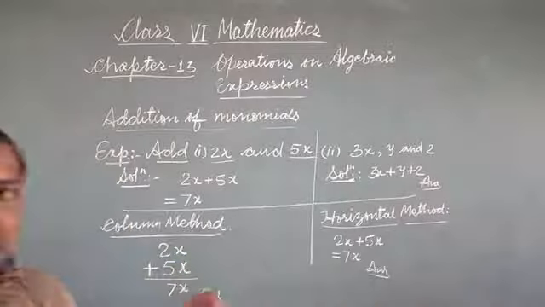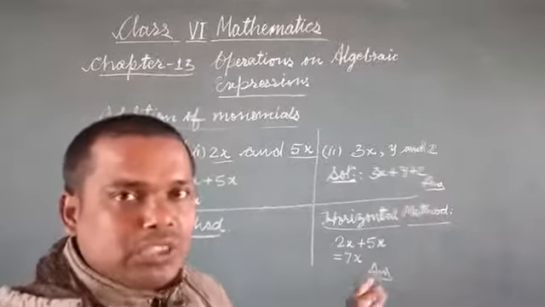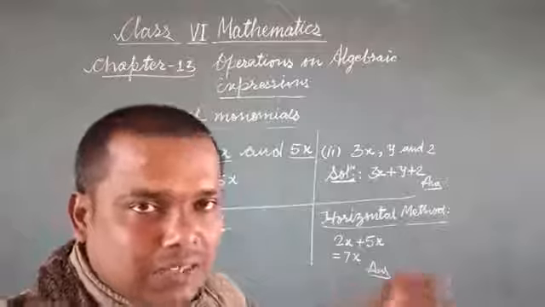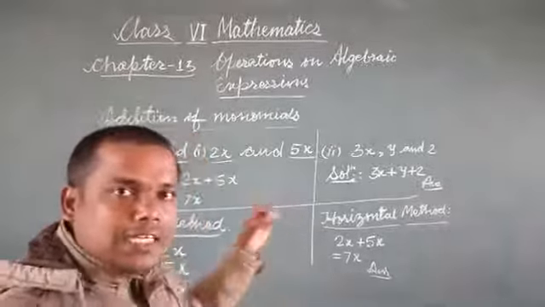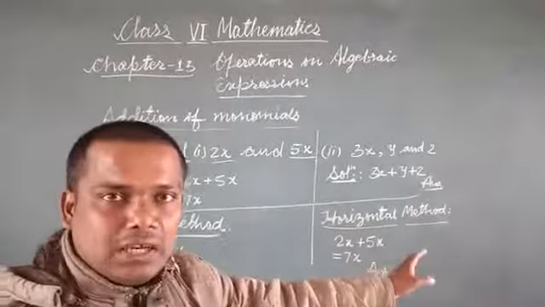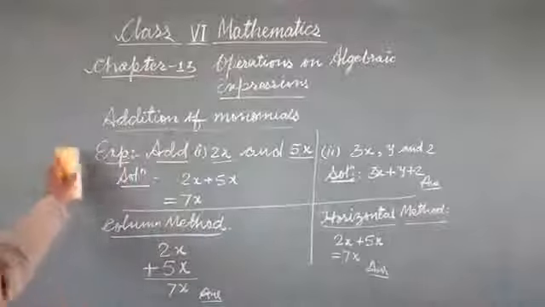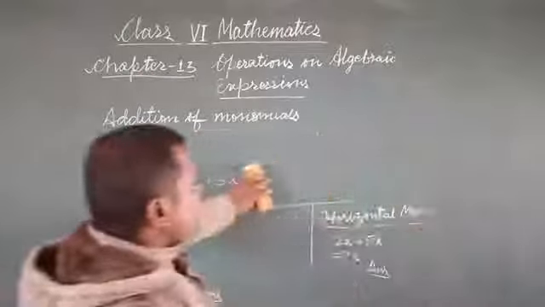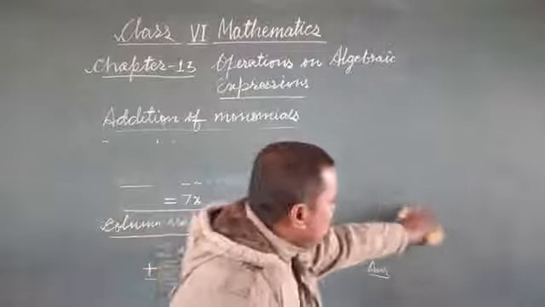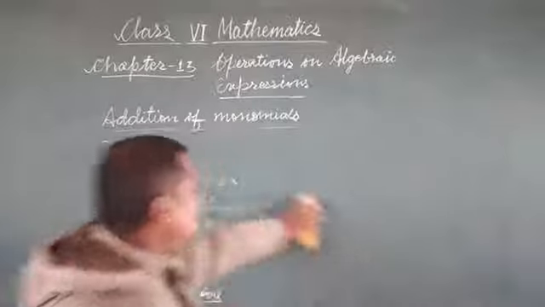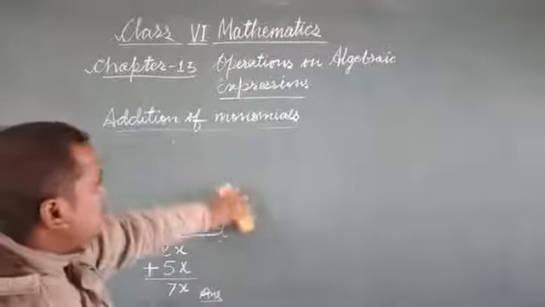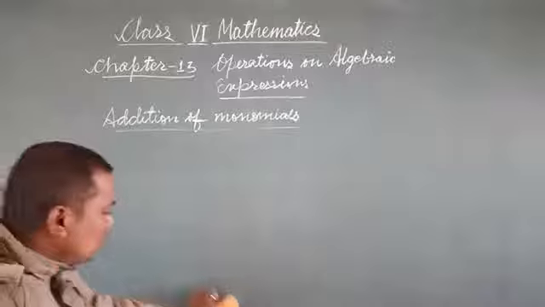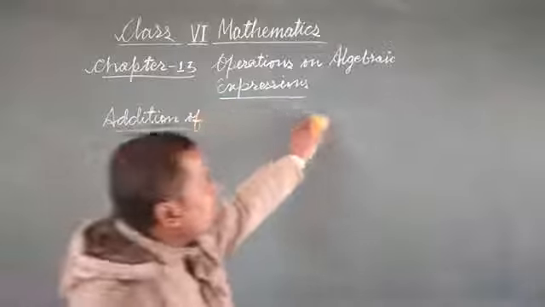I have taken example of monomials. Now I am going to take examples of binomial and trinomial, how to add in column method and horizontal method. Look at here. We have already discussed, I hope you know, but once more I want to make it clear to you how to add.